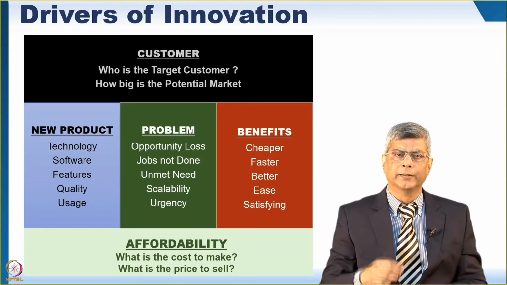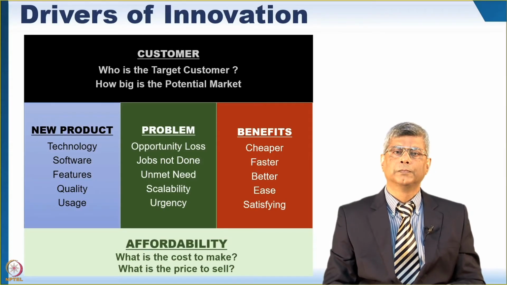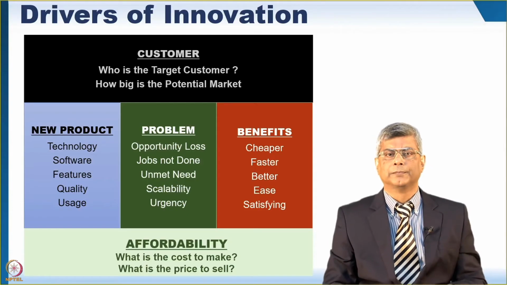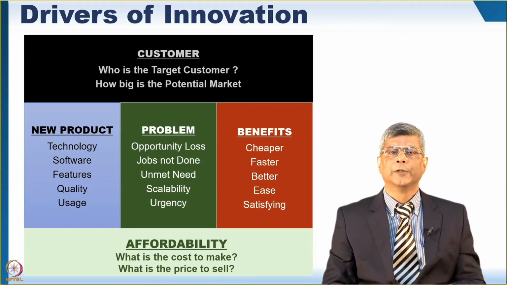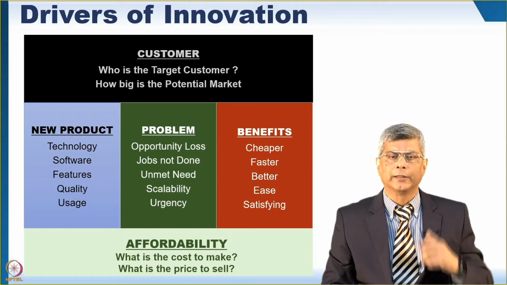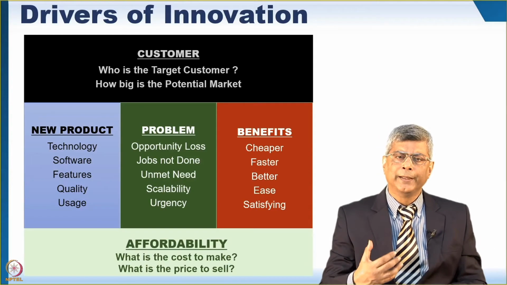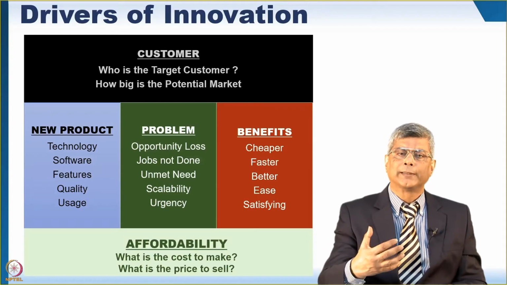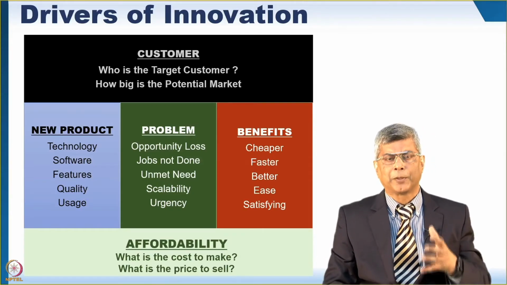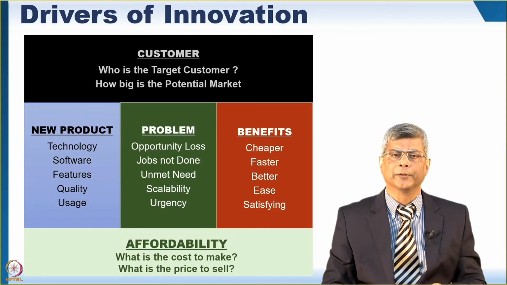An unmet need. I need to go faster. I need a car which is faster. I need a food which is tastier. I need my grocery quicker. So an unmet need. Also scalability, which means more and more customers can use that innovation. Is that problem for many people or just a few people?